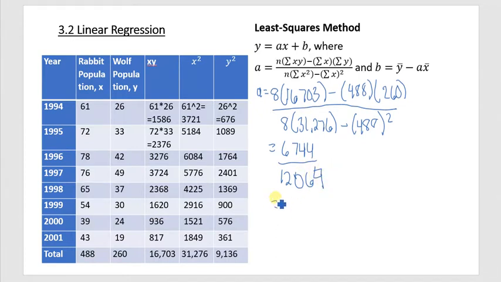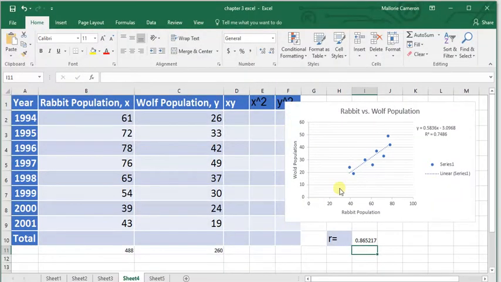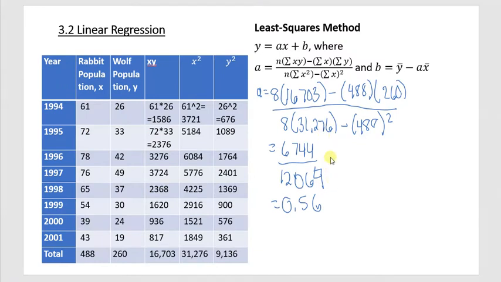And I'm always so nervous to see if I got this right. I get 0.559. Let's round up to 0.56. Okay, so it's pretty accurate right here, compared to 0.5836. I'm okay with that.